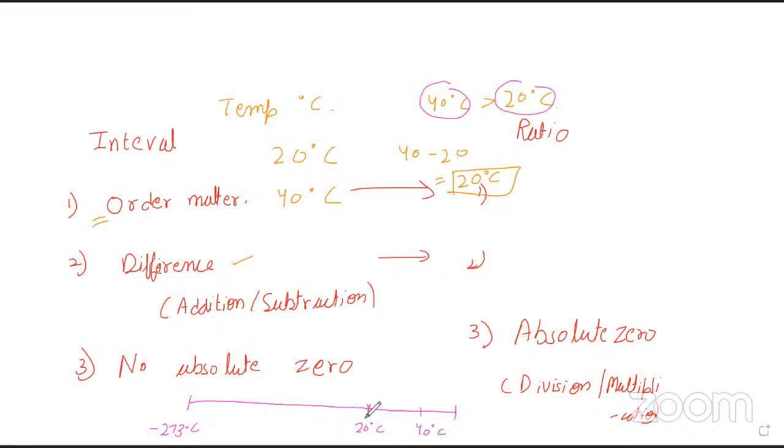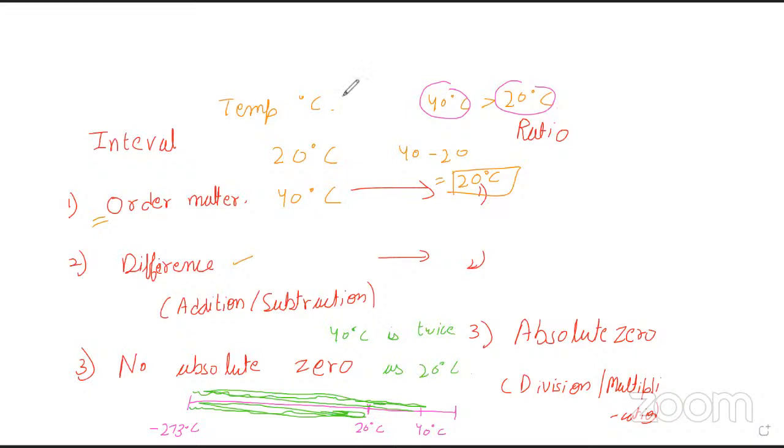To get to 20 degrees Celsius, you will need this much amount of heat, but to reach 40 degrees Celsius, you will need this much amount of heat. So you can see that the temperature rise you have to give to get to 40 is not twice what you need for 20 degrees Celsius. So we cannot say that 40 degrees Celsius is twice 20 degrees Celsius.